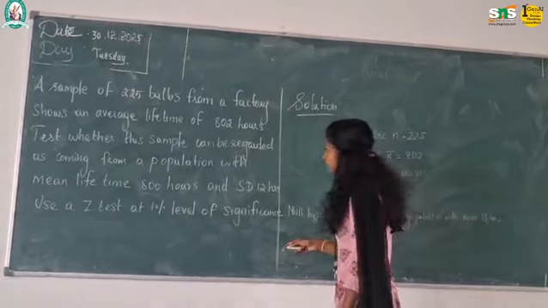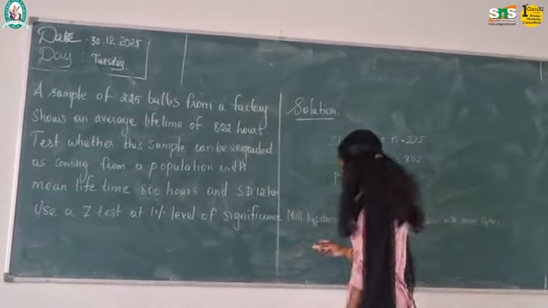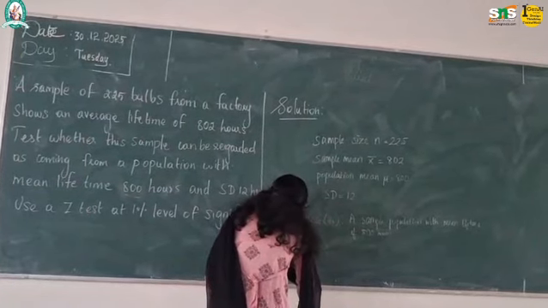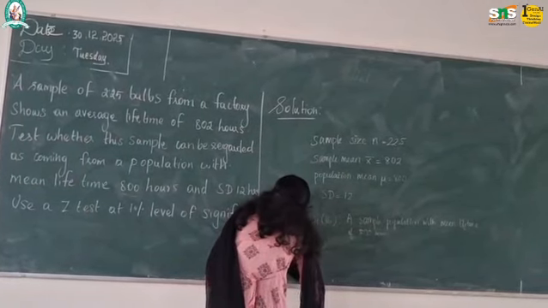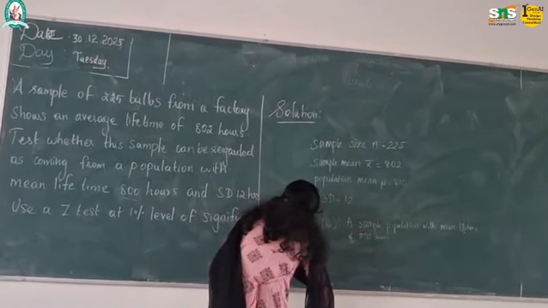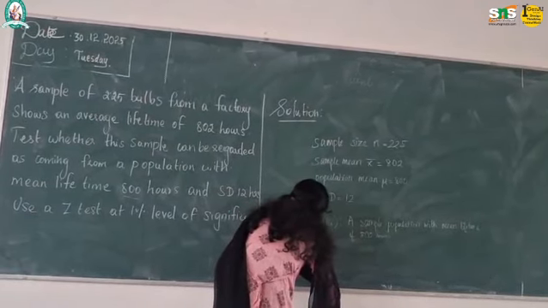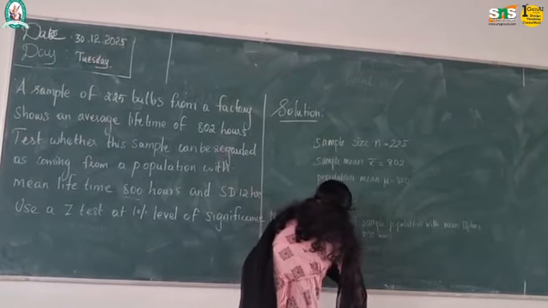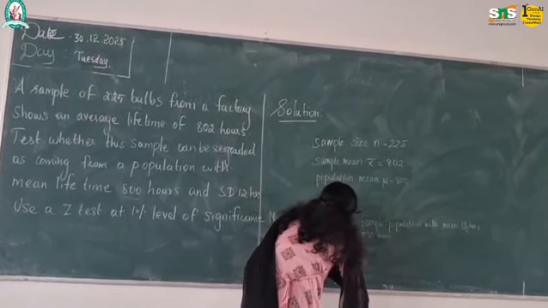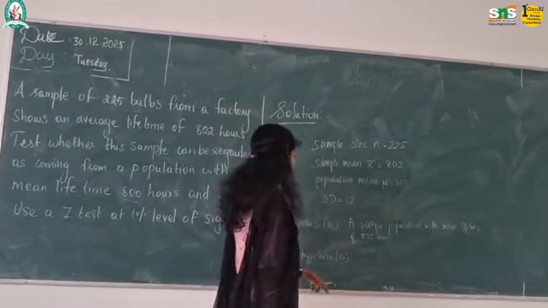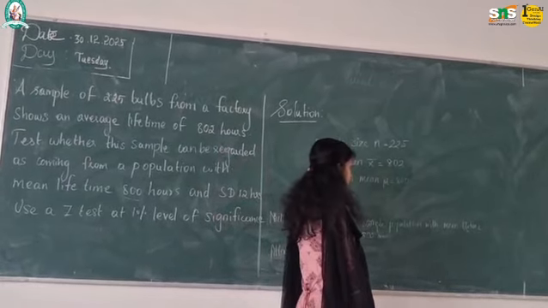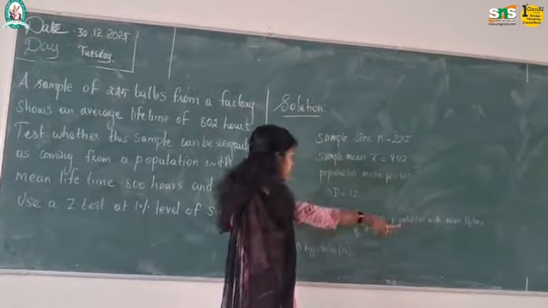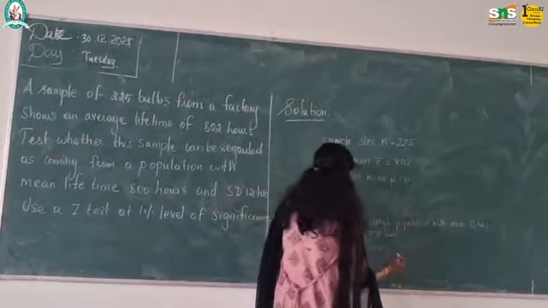Next, we are going to write the alternate hypothesis. Here, the alternate hypothesis will be a sample population that differs significantly with mean lifetime of 800 hours.